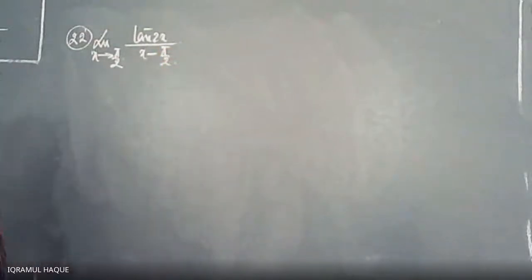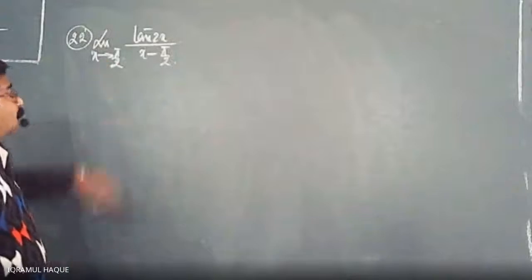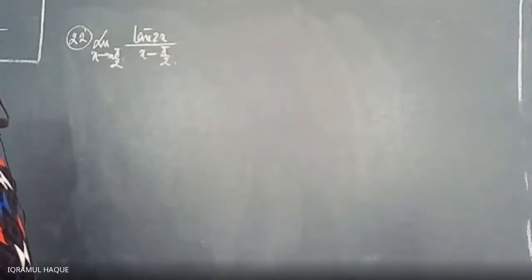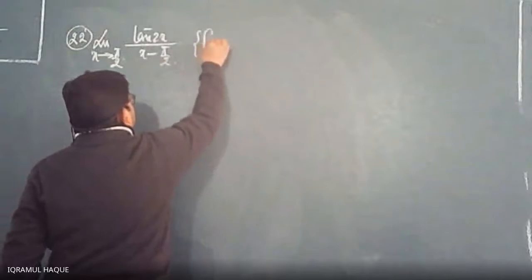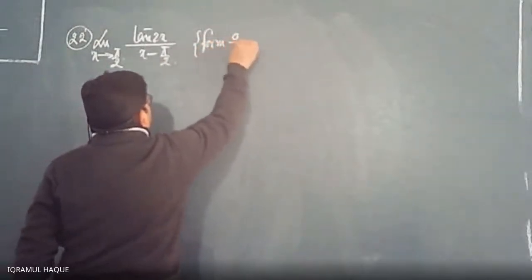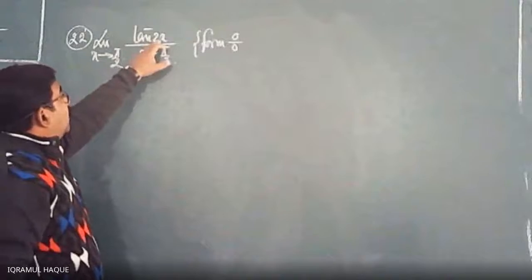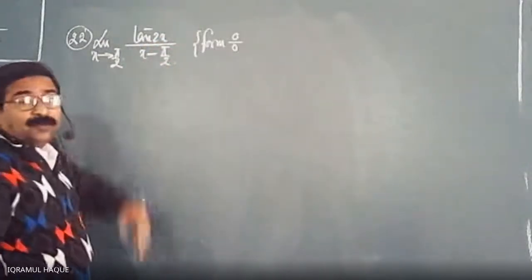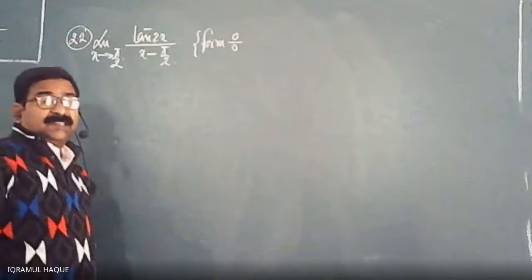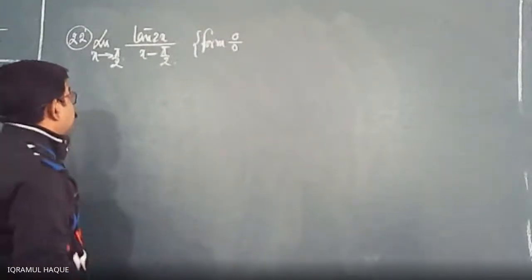Just observe the question. You see, this is of the form 0 upon 0, because if you put x is equal to pi by 2, here we have tan pi is 0, here pi by 2 minus pi by 2 is 0. So in this case, we simplify or we change the limit.